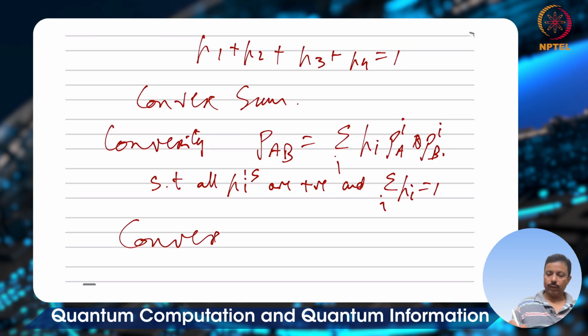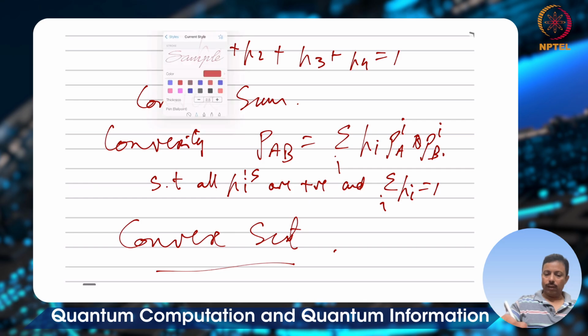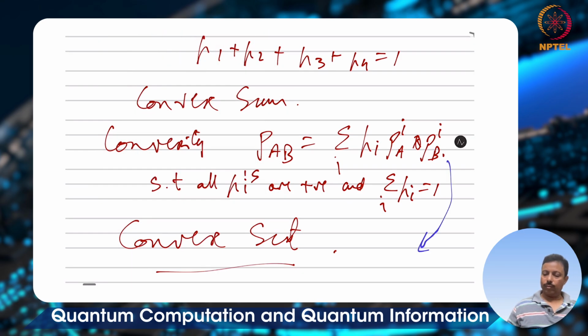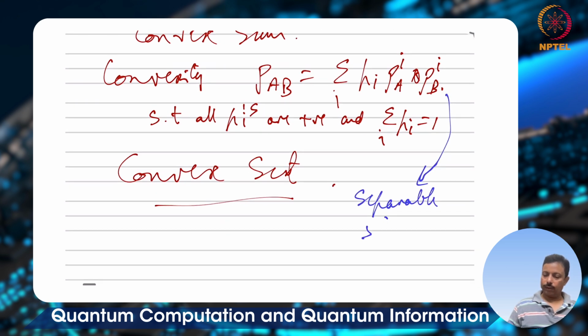Okay, and if the density matrices belong to a convex set, and we can write it this way, then this type of density matrices are called separable density matrices, or simply separable states. Okay, so we end here.